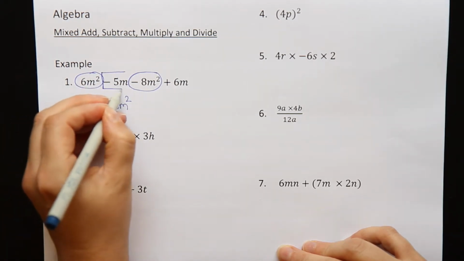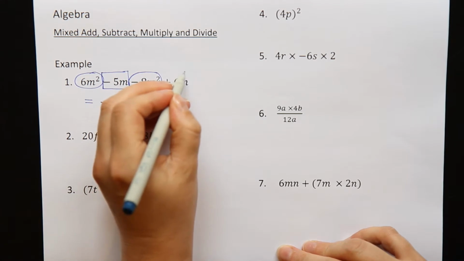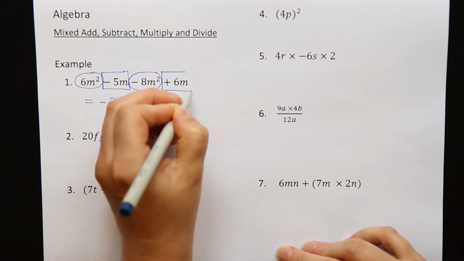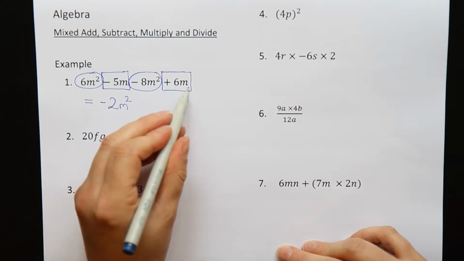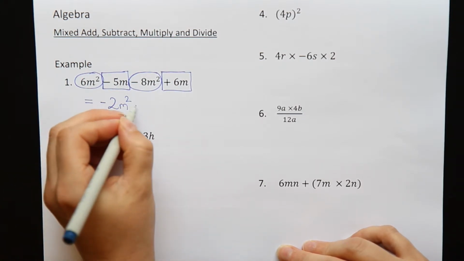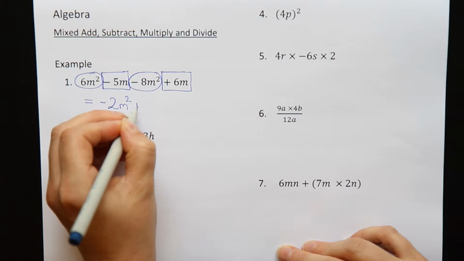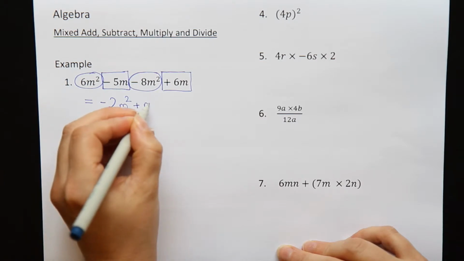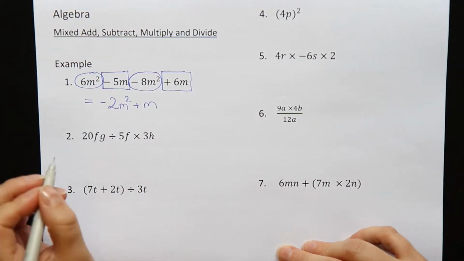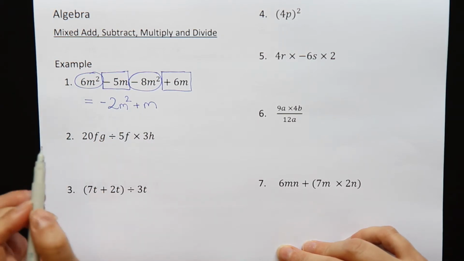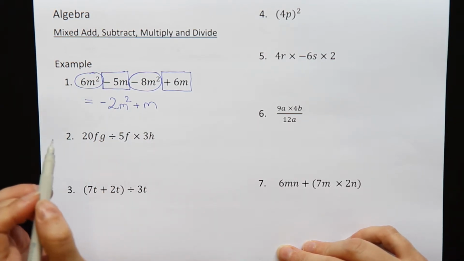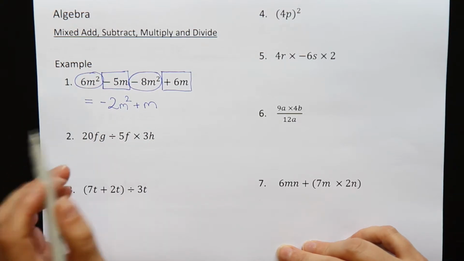An m is different to an m squared, so we'll put boxes around these ones. Minus 5m plus 6m will make a positive 1 or just m. We don't need to write the 1 in algebra. If we have a pronumeral, it is assumed that there is a 1 in front of that m. So 1m. Alright, well that wasn't too bad.